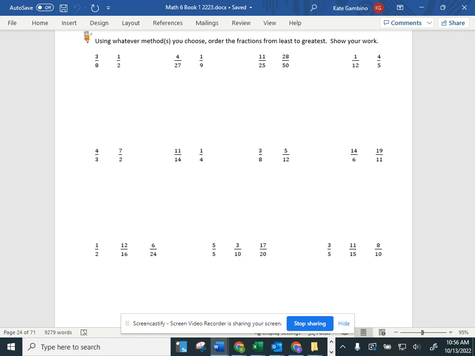Some of them only have 2 fractions, some have 3 fractions. So look and see what makes the most sense. Should I compare them to 0, half, and 1? Should I simplify? Should I do the equivalent fractions with common denominators? Use what works best for each situation.